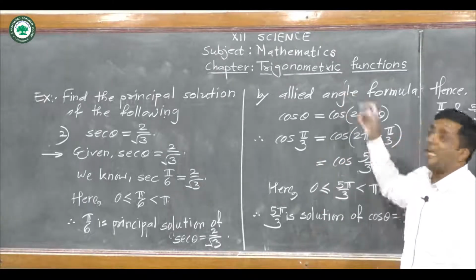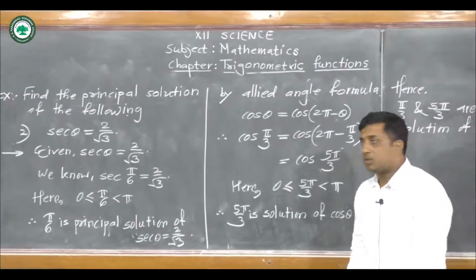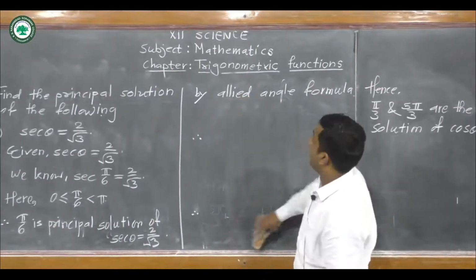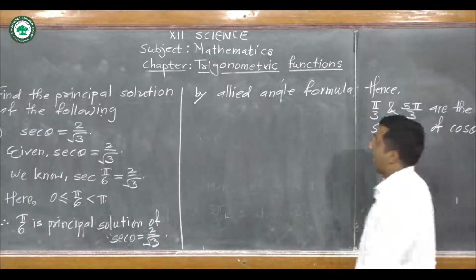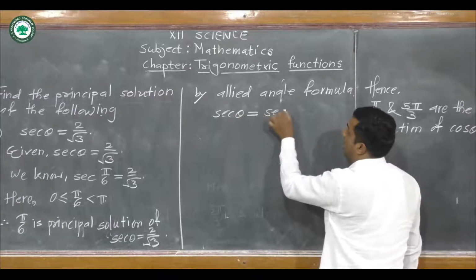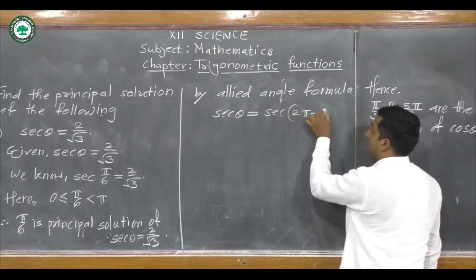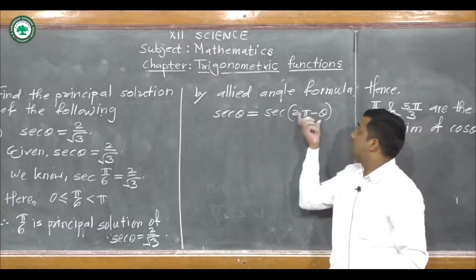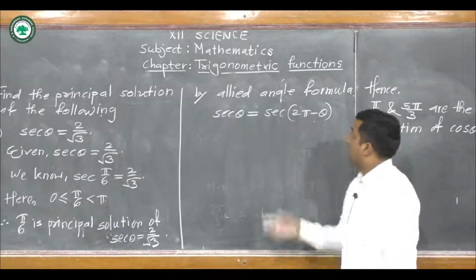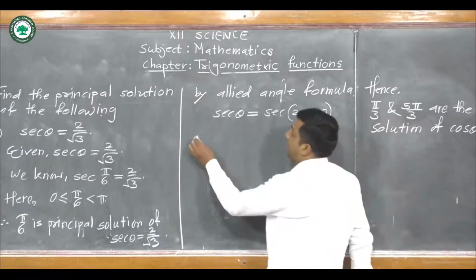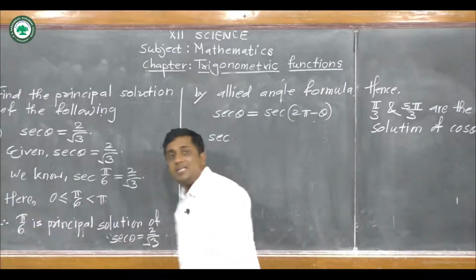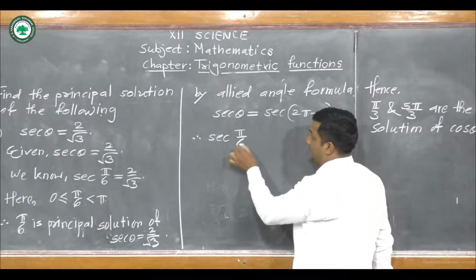Again by using the allied angle formula we find this solution. So by allied angle formula, sec theta is equal to sec of 2 pi minus theta, since 2 pi minus theta lies in the fourth quadrant. Therefore, we know one solution is pi by 6, so we replace theta by pi by 6.